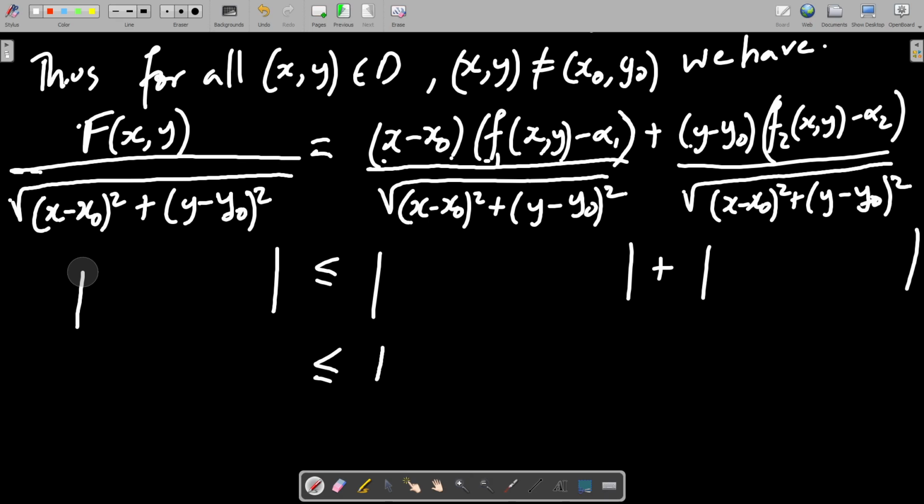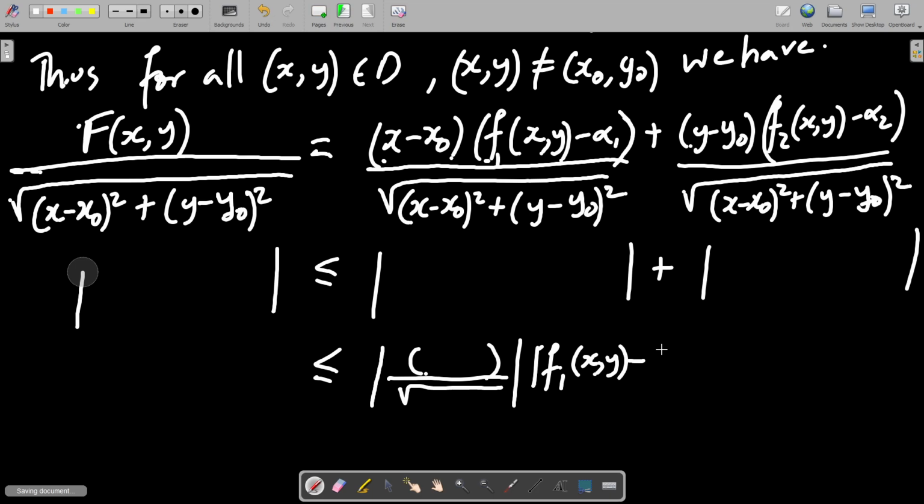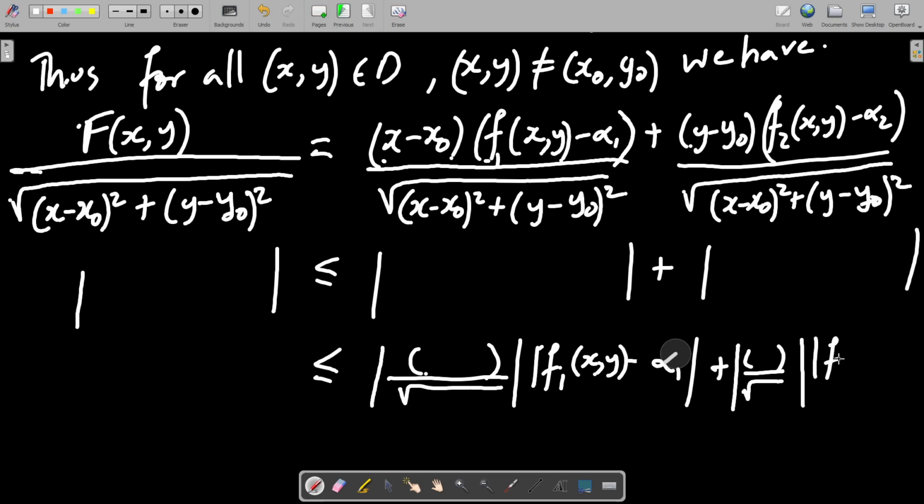Modulus of this bracket term divided by the root sign, and outside you keep modulus of f1 xy minus alpha 1 plus again the same thing here, the bracket term divided by root sign, and the second modulus will be f2 minus alpha 2. I don't have place to write all these details, right?